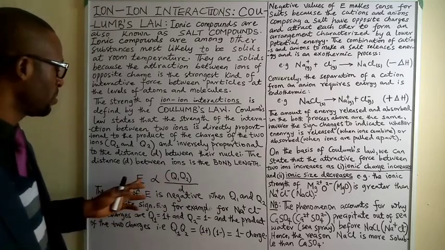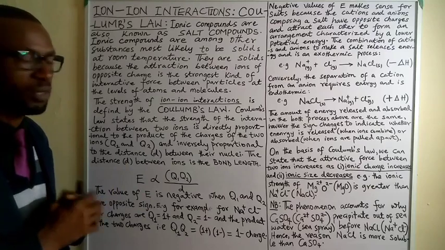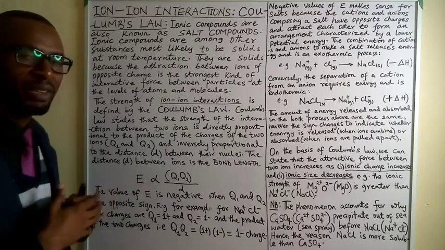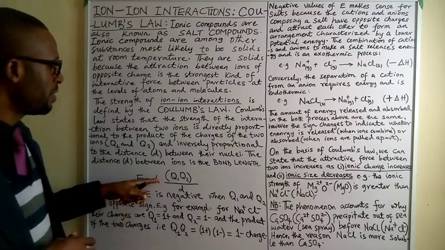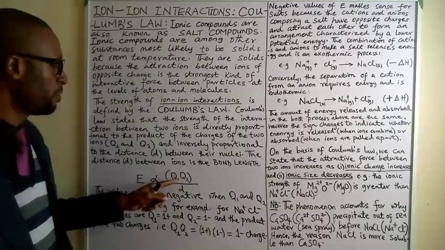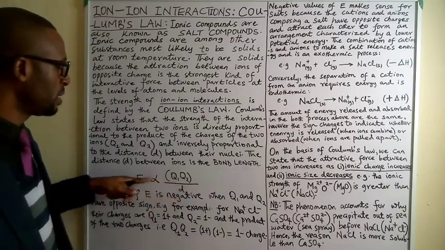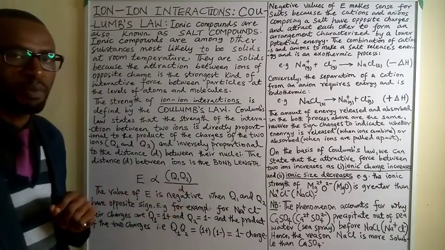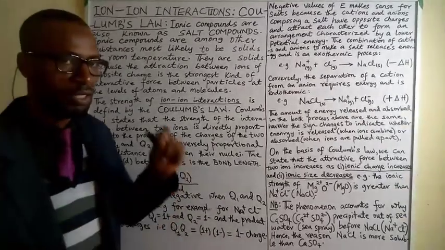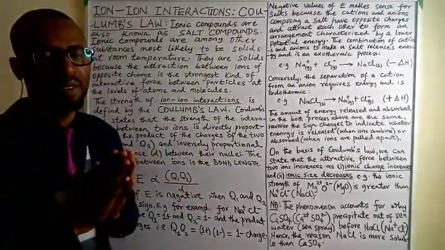Here we are talking about the force or energy of attraction between ions. The attractive force between ions, denoted as E, is directly proportional to the product of their charges, the charge of the first ion, Q1, and the charge of the second ion, Q2, and inversely proportional to the internuclear distance, that is, the distance between the nucleus of the first ion and the nucleus of the second ion.